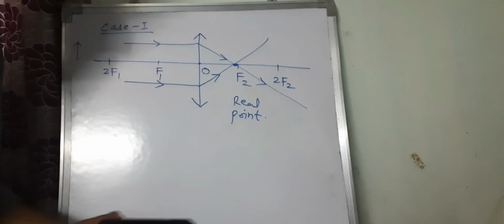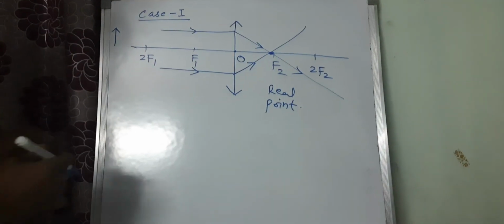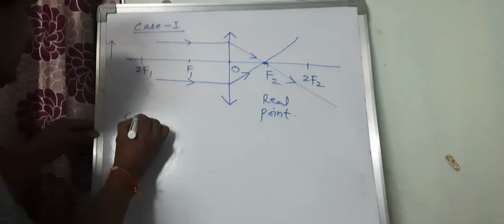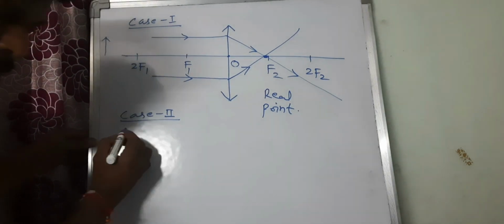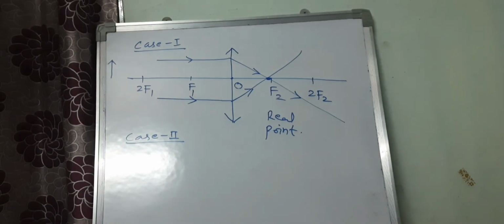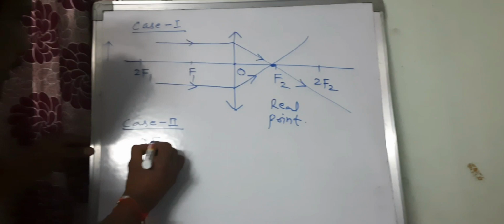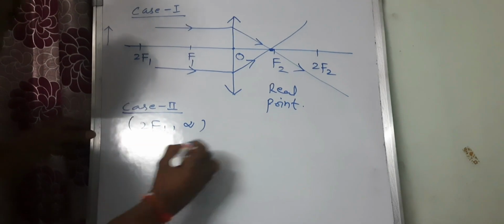Now let us see case 2. When the object is placed between infinity and 2f1, in between 2f1 and infinity.